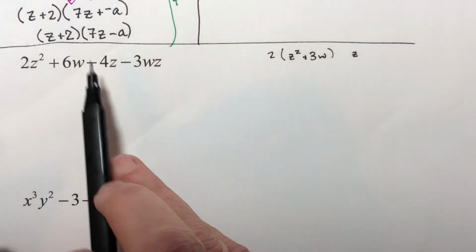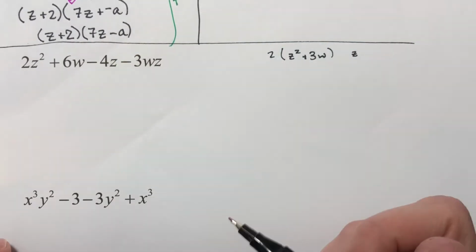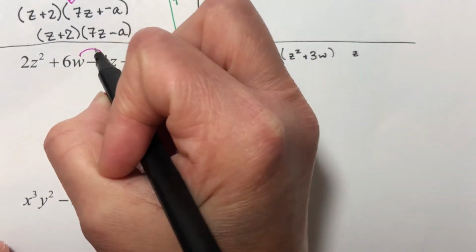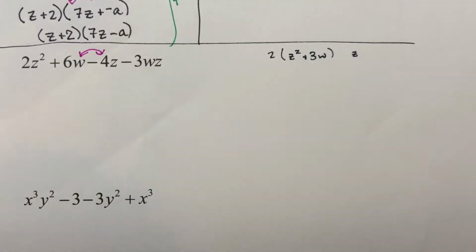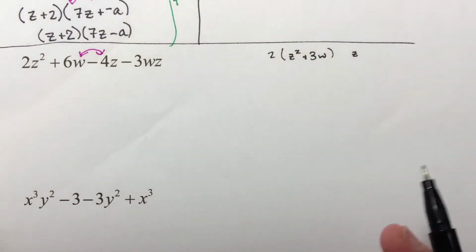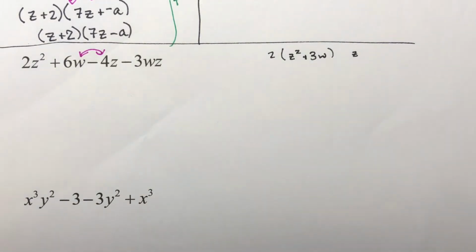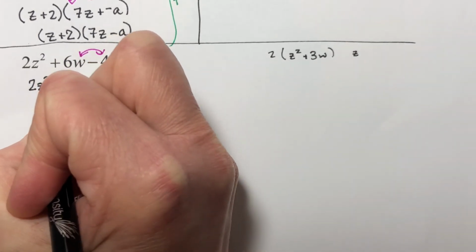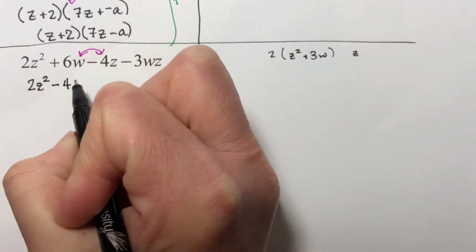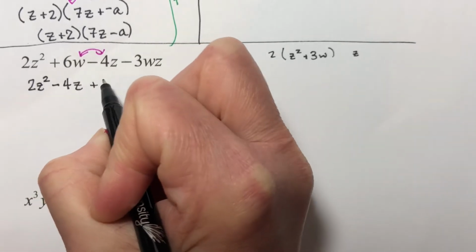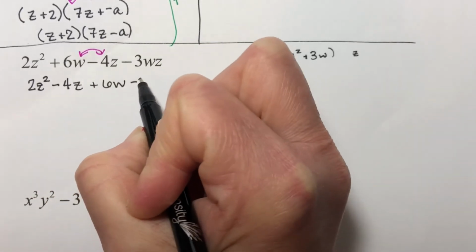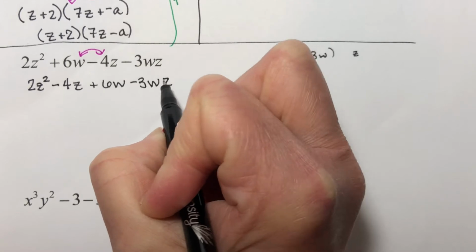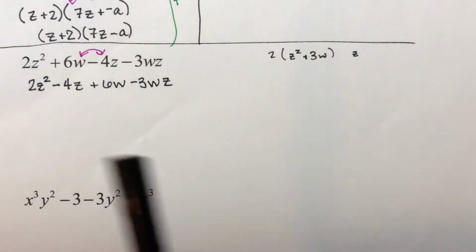And since we also want a plus sign in the middle, the easiest way to reorder your groups is to switch your two terms in the middle. So let's do that and see if it works. It's possible it won't. Okay.